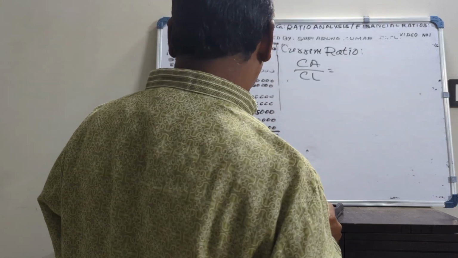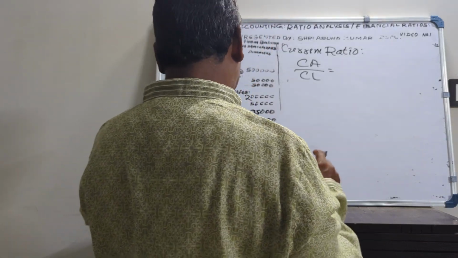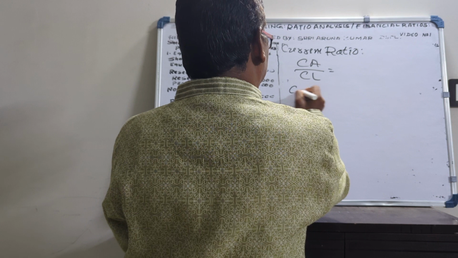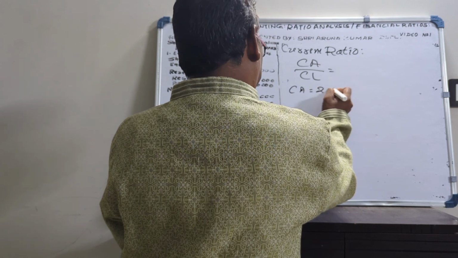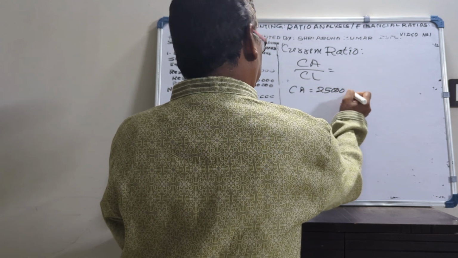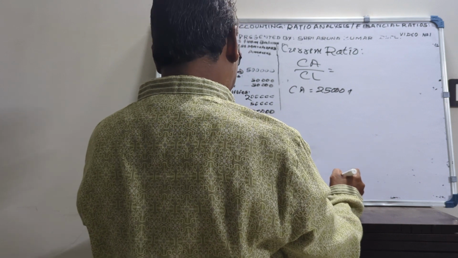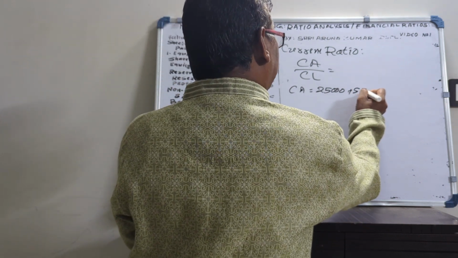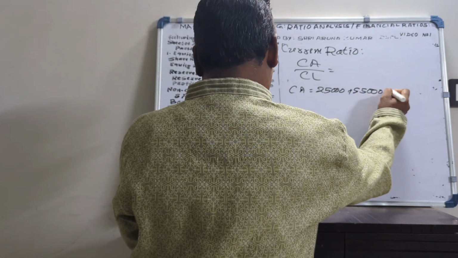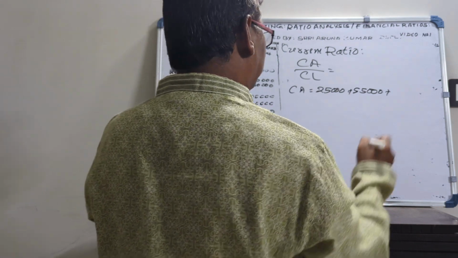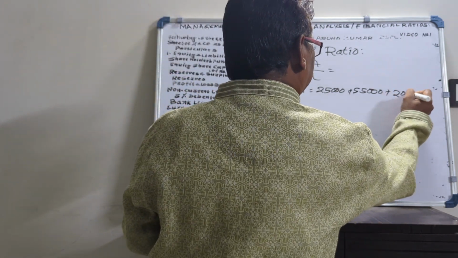Under current assets that comes cash in hand 25,000 plus cash at bank 55,000 plus marketable securities 2 lakhs.